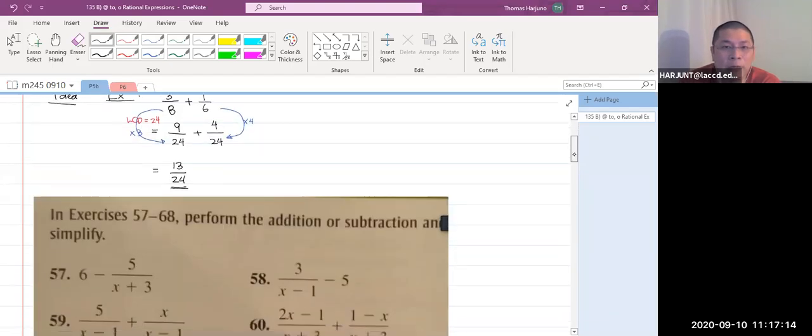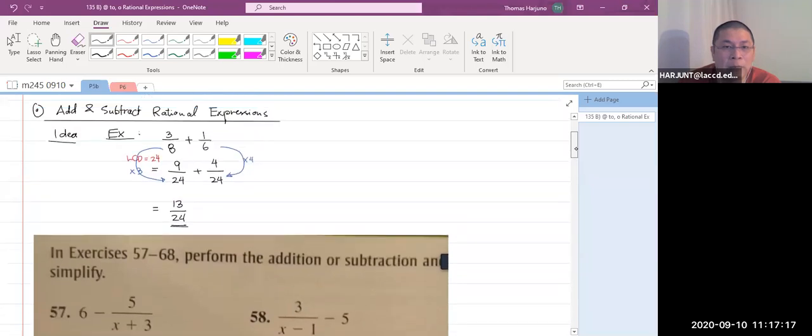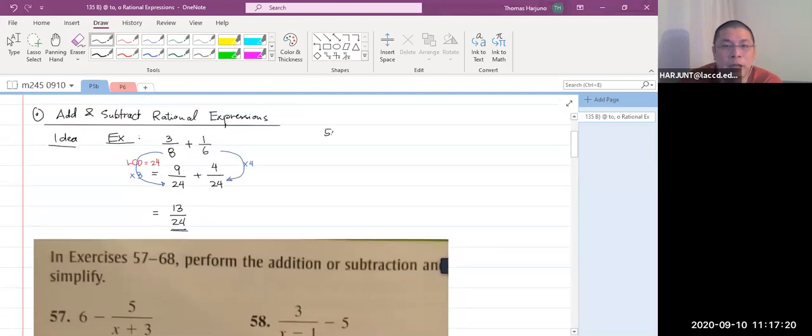Now, what happens if we have a more complicated setting, like number 58. Number 58, we have 3 over x minus 1 minus 5. Now, we see this as 5 over 1. Okay, the LCD will be x minus 1. The LCD is x minus 1. Now the first fraction, the denominator stays the same, so the numerator will also stay the same.